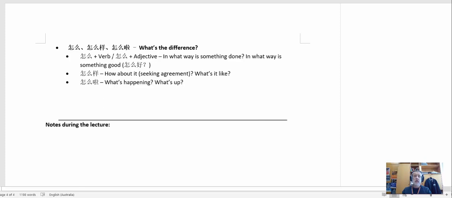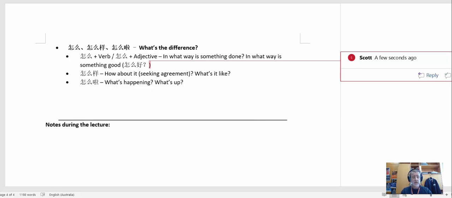So for example, in book 1 we looked at a lesson that talked about directions and asking for directions, and the way that the directions were asked for in that lesson was, so for example, let's ask about the post office. So it was 请问邮局怎么? So there's our 怎么, and here's our verb, 走. So really, 怎么 plus the verb is asking how to do that action.